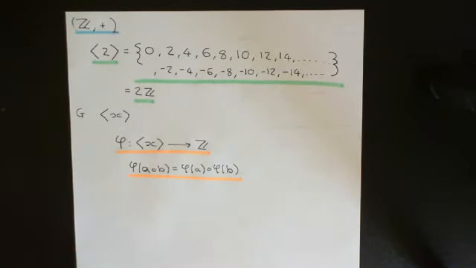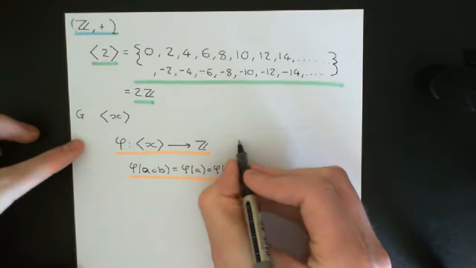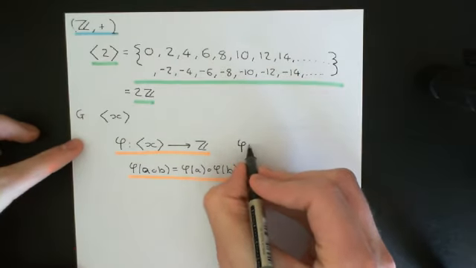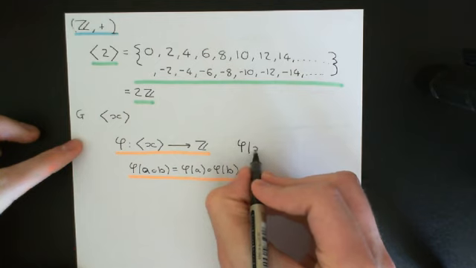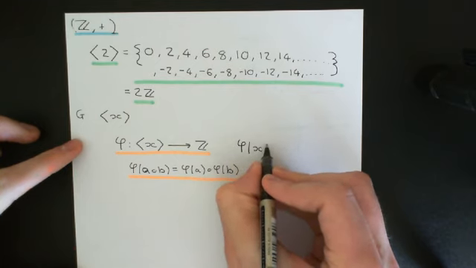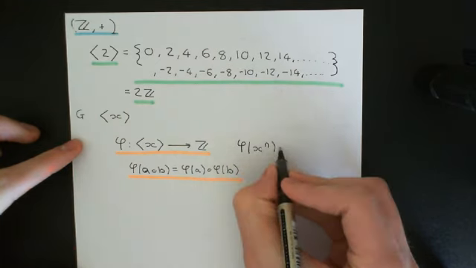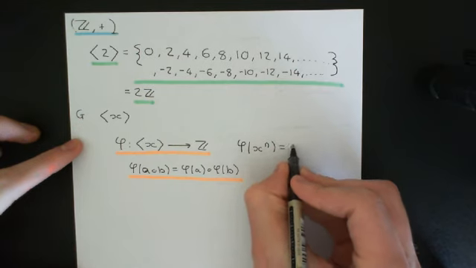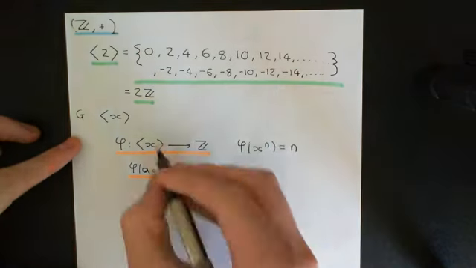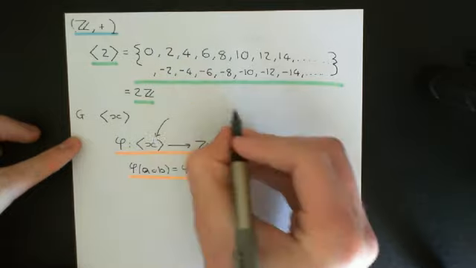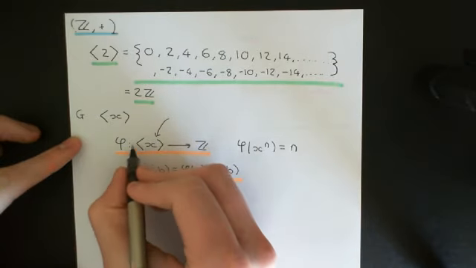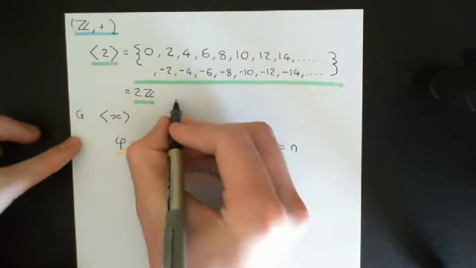So let me show you this isomorphism, and hopefully it should be pretty obvious. The isomorphism is going to take any power of x, let's say x to the power of little n, and it's just going to take it onto the integer little n. Let's write down what this infinite cyclic subgroup actually consisted of.